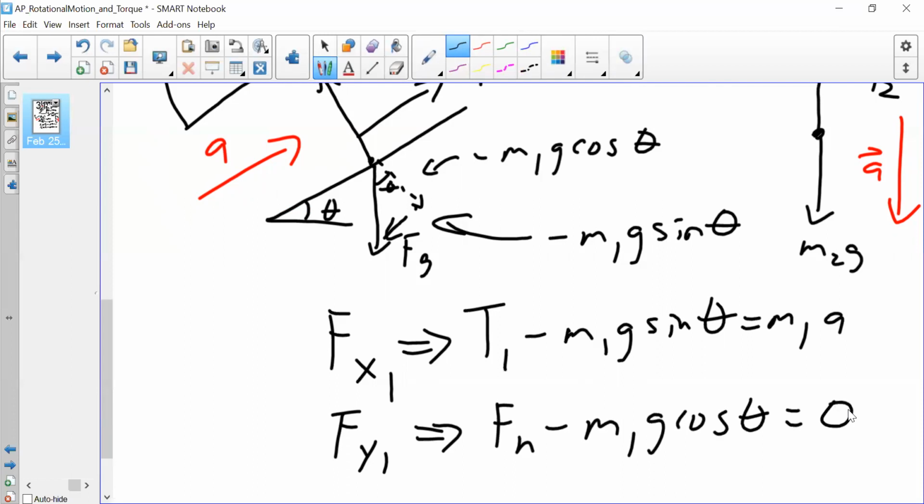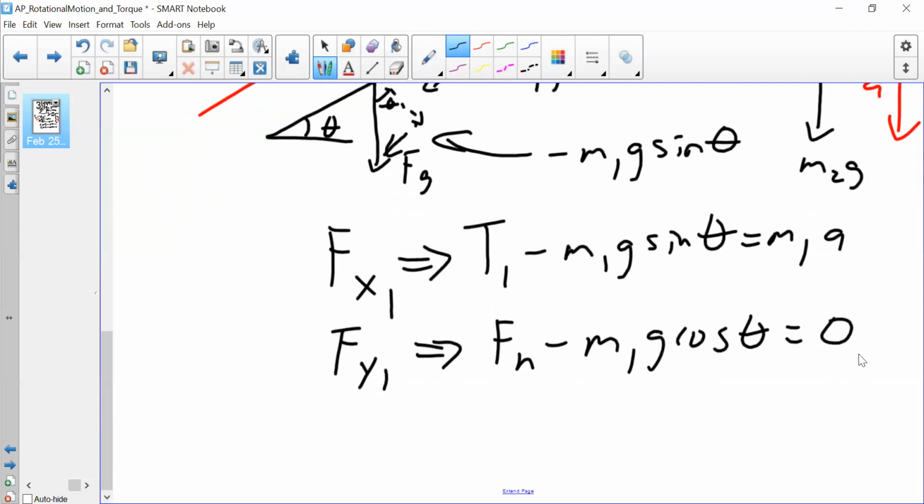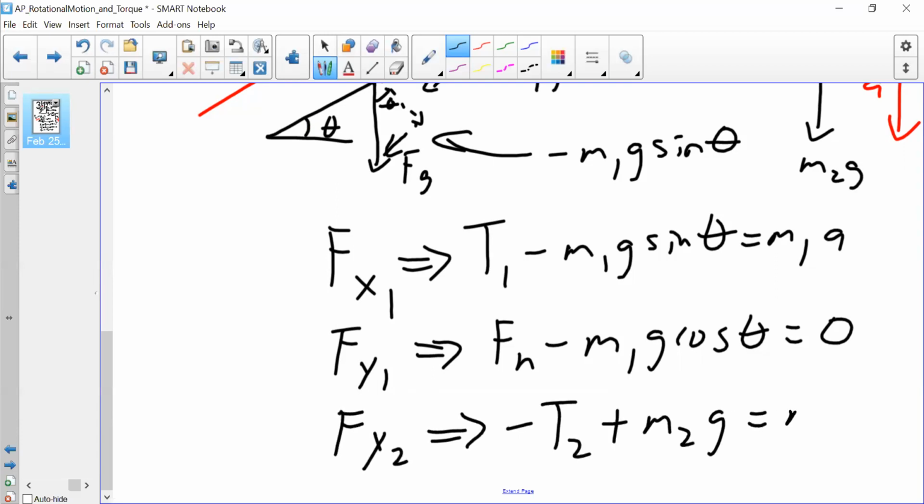But that's not important for us because we don't have friction, but just to label it, just to keep track of it, that's what the forces in the vertical direction for mass 1 will be. And then for mass 2, T2 plus M2G equals M2A. So they want you to find the tensions T1 and T2.